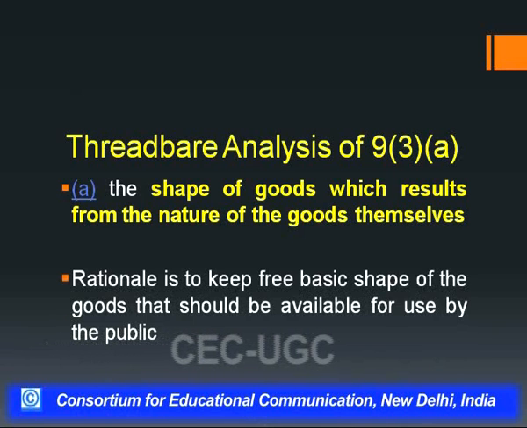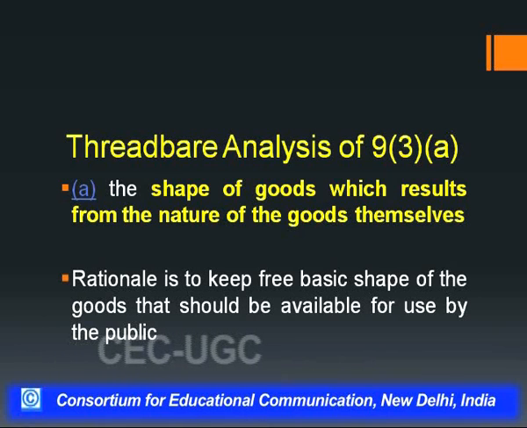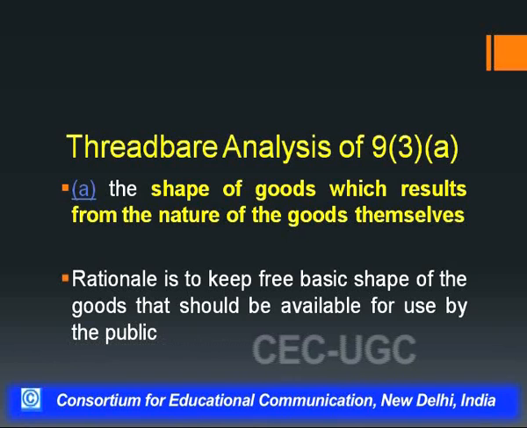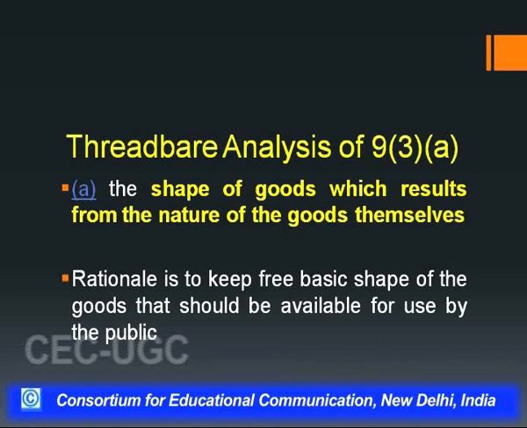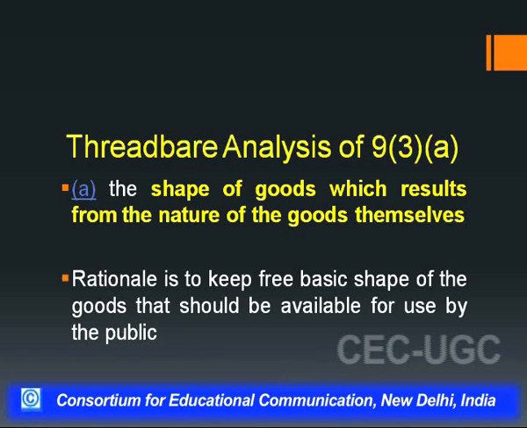The rationale here, as I told, is to keep free basic shapes to be availed by or used by the public. It is to keep free the basic shape of the goods that should be available for use by the public. If the shape of a round wheel, that is a circle shape, is given to one individual or to one entity, then others would be deprived of using it.